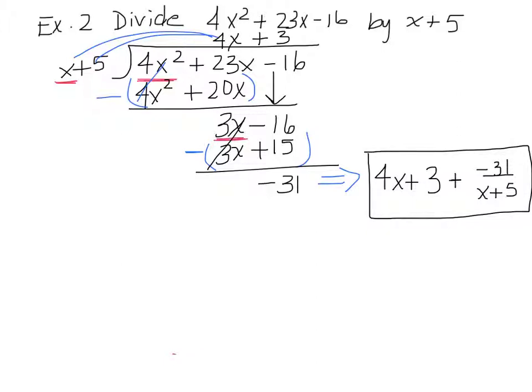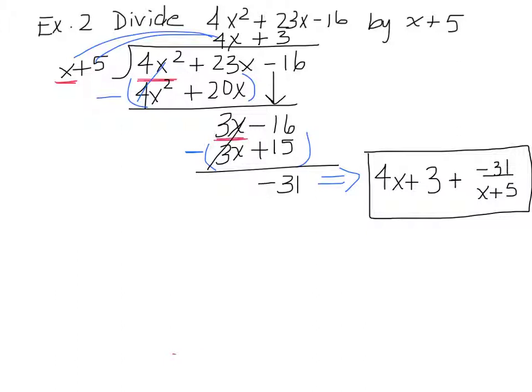And since we have a remainder, that means that x plus 5 is not a factor of 4x squared plus 23x minus 16. So anytime you have a remainder, it's not a factor.